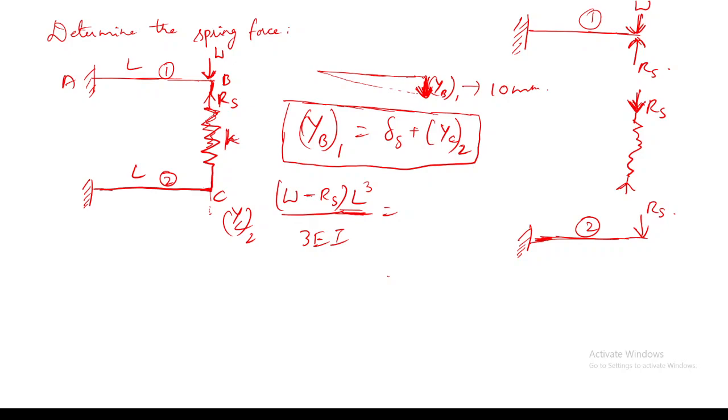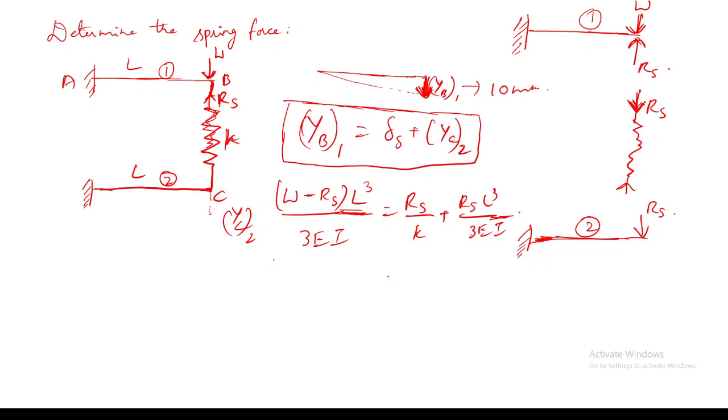Why I have given minus RS: it is in the upward direction. Here I am taking all the downward deflection as positive, and then this as RS by k, and here it will be RS L cube divided by 3EI. You can also take the upward direction as positive and downward as negative, and then RS will be positive and all the W's will be negative.